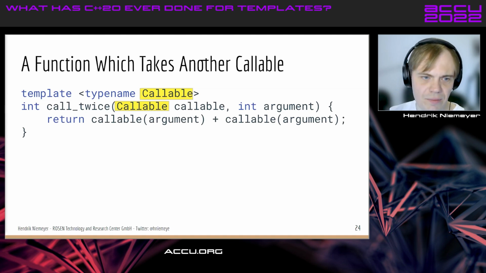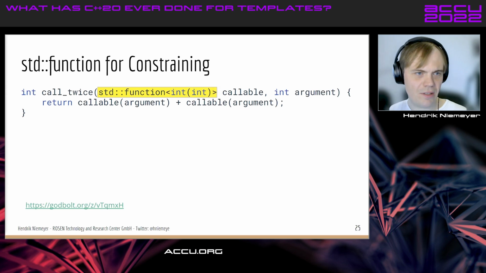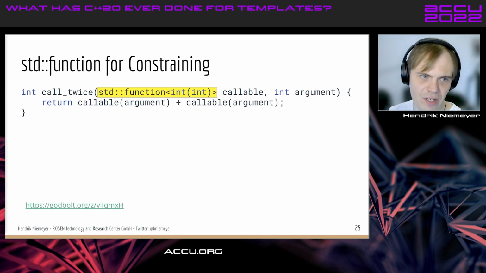Here's where concepts could help us to make that more visible and also to check that. And again, there are also things in C++ to do that before concepts. There was std function. If we used std function here, it would also clearly express our intent what the callable should be.